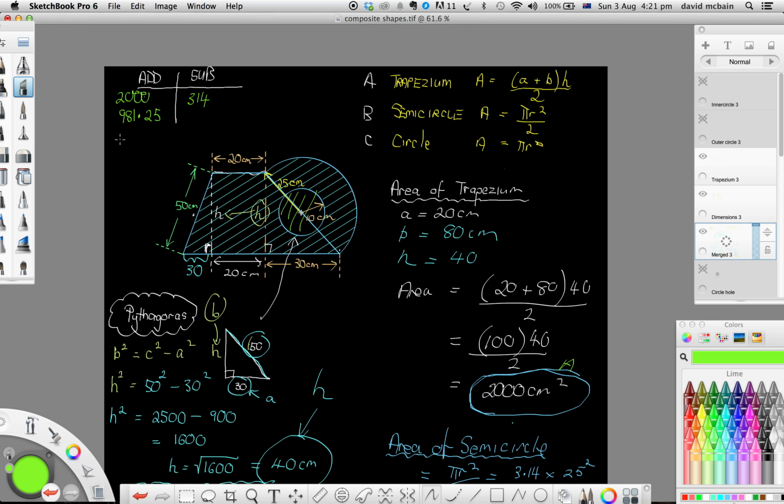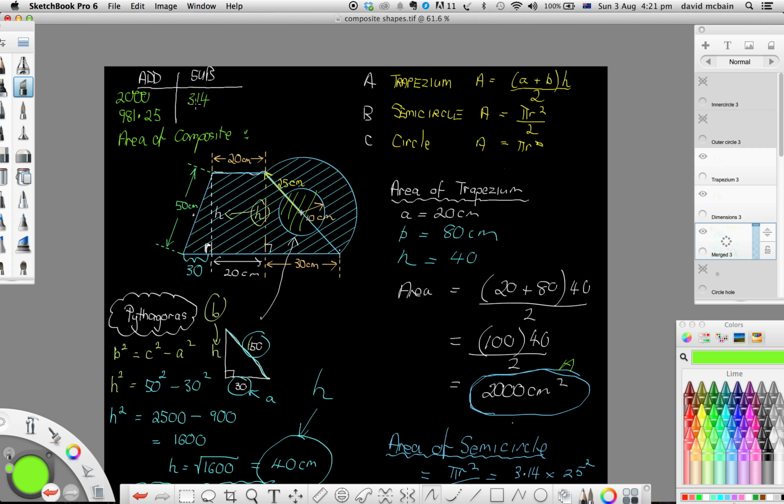So the area of our final, or composite, shape will equal 2,000 plus 981.25, and then subtract 314.